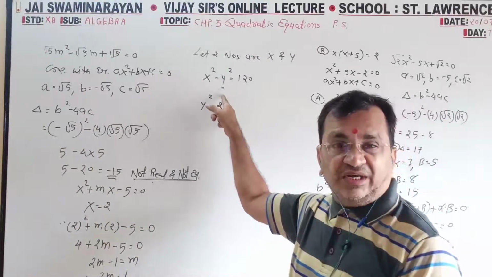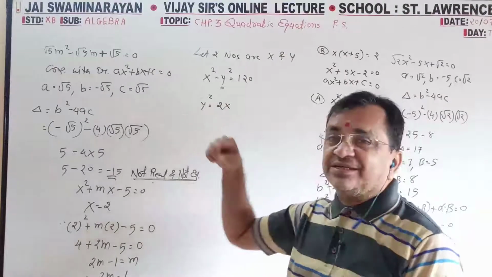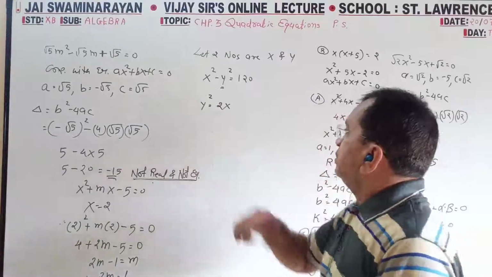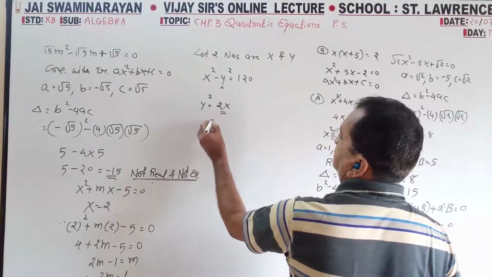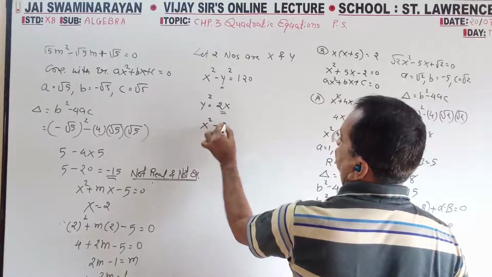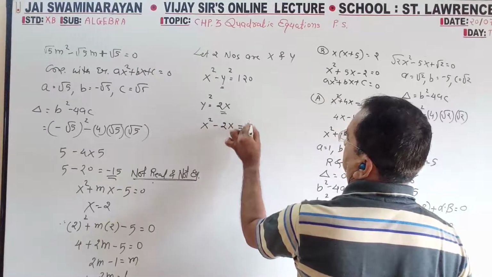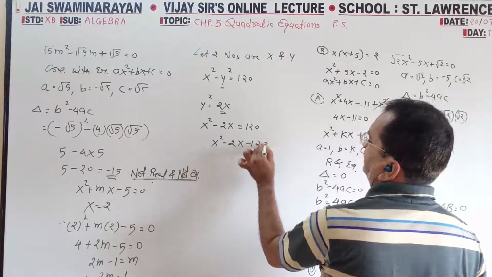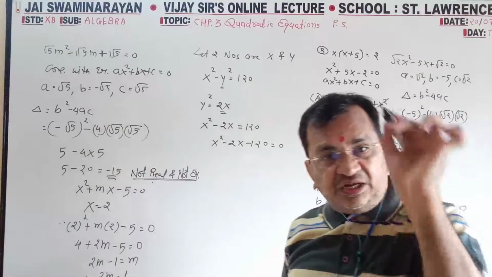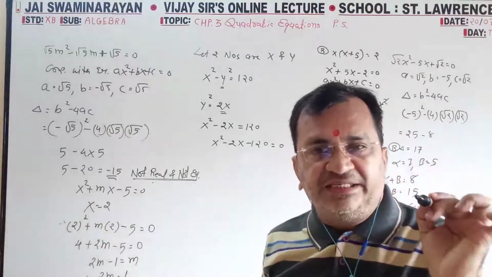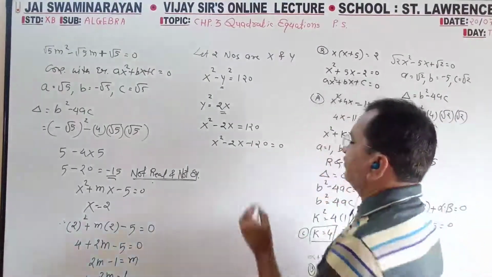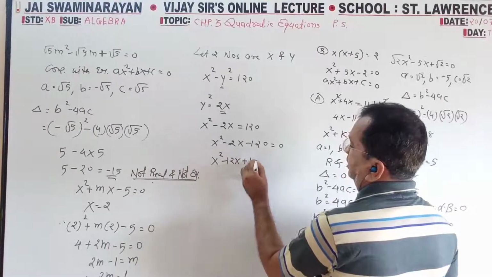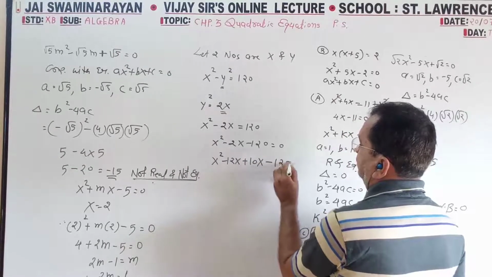So this is the smaller. The smaller number square is double of the bigger number. So I will replace y square by 2x. So x square minus 2x minus 120. When there is a 0 at the unit place, remove 0. Very easily you will get the factors. 12x plus 10x minus 120.